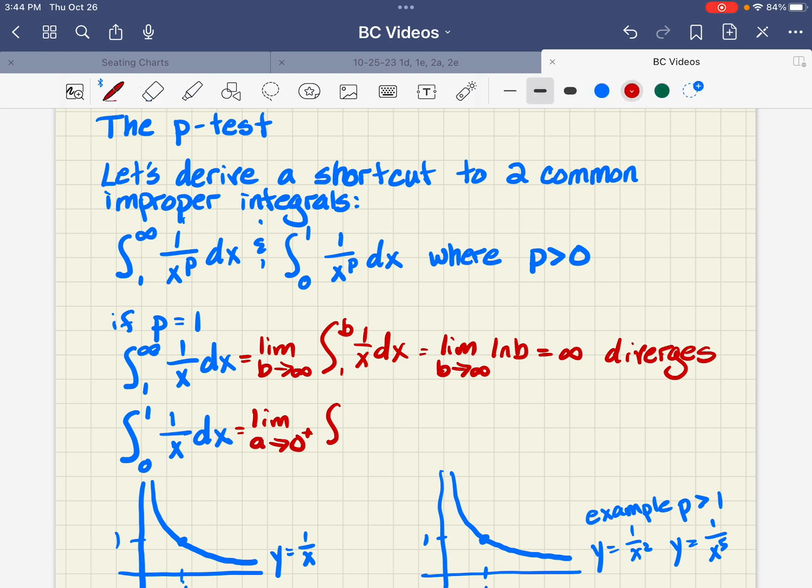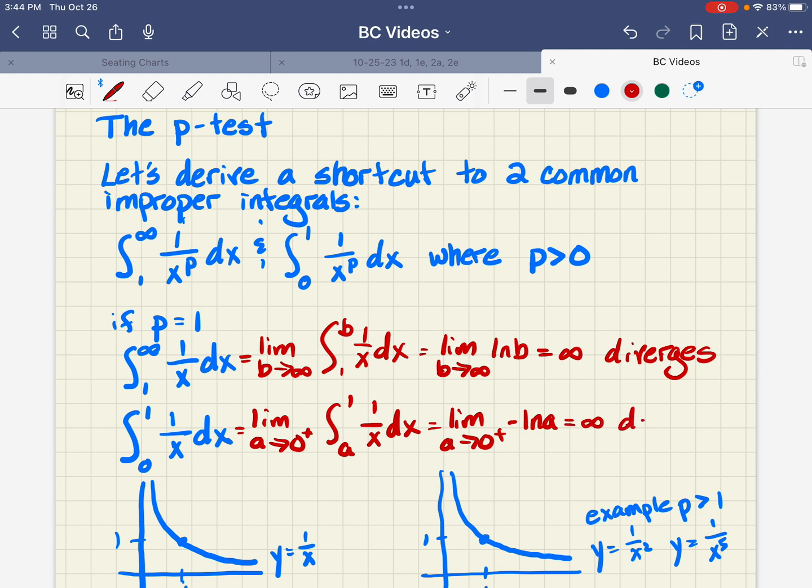And that's limit as a heads to 0 on the right of natural log x from a to 1, which is natural log of 1, 0, minus natural log of a. Okay? So as a heads to 0 on the right, natural log of a is going to go to negative infinity. So negative negative infinity, this is going to go to infinity.